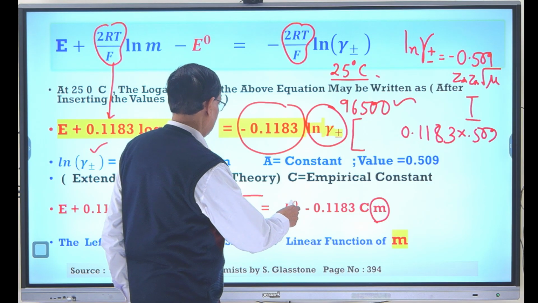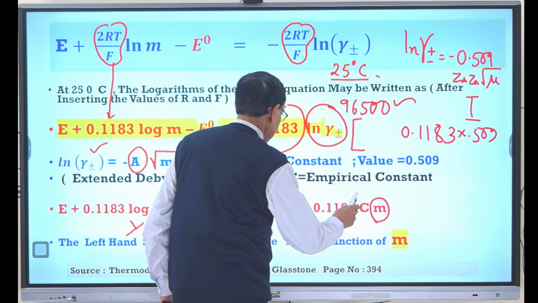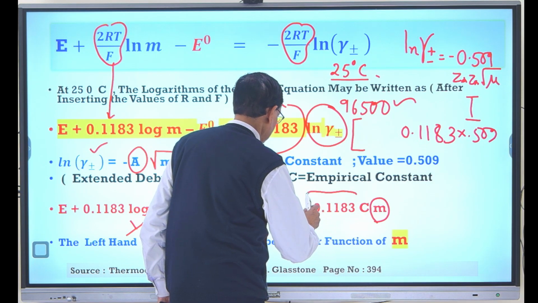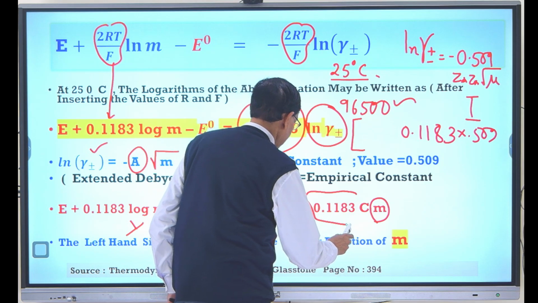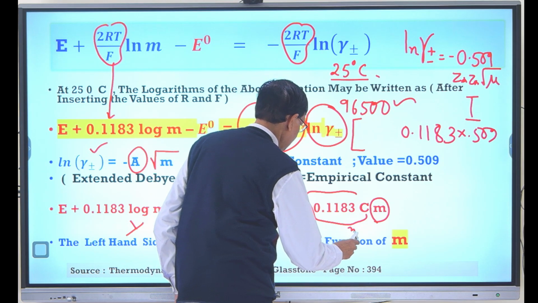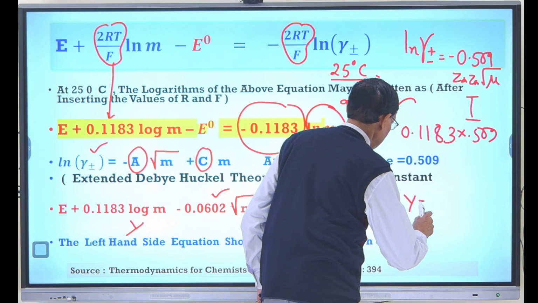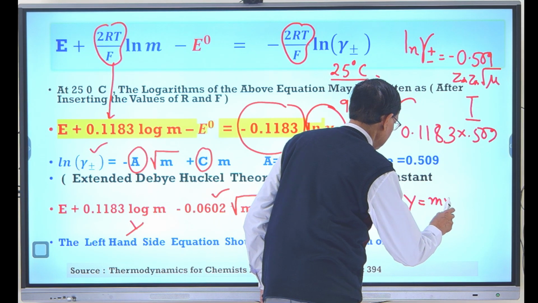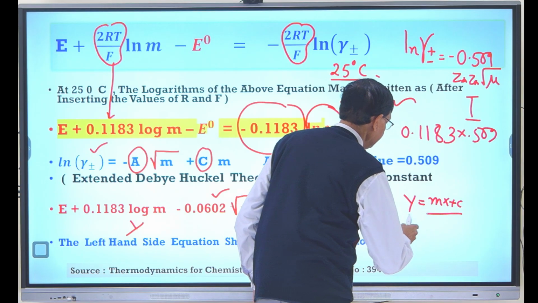So this is actually completely m, because a straight line is y is equal to mx plus c.